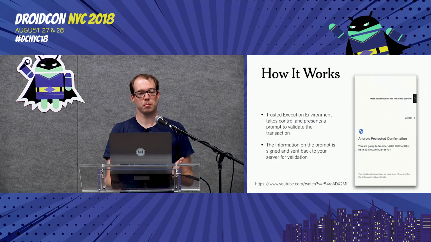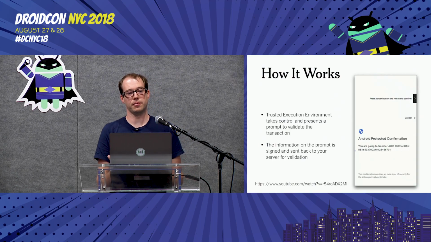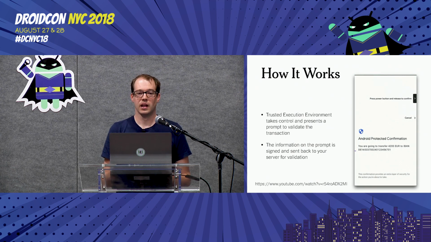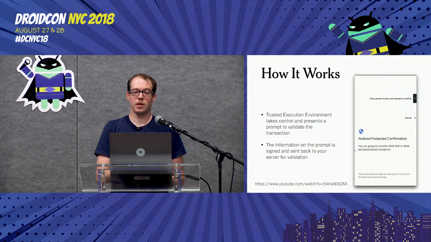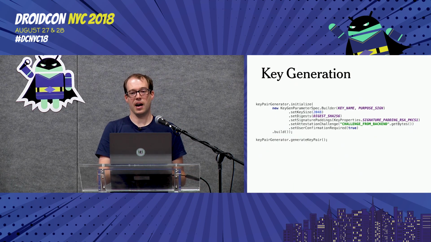Now, if they accept it, you're going to sign that data and send it back to your server for validation. The way to do this, though, is you want to make sure that the key that you generated can only be used to sign confirmed data that's gone through that flow.